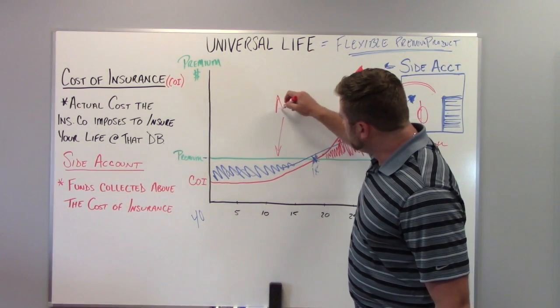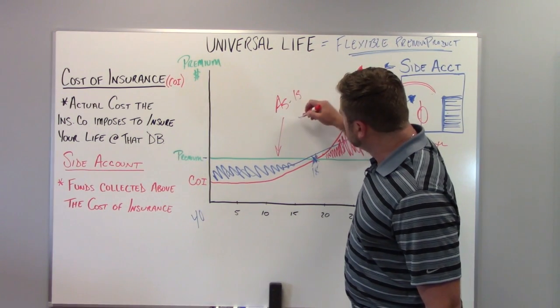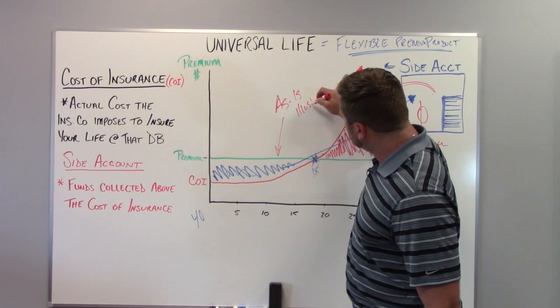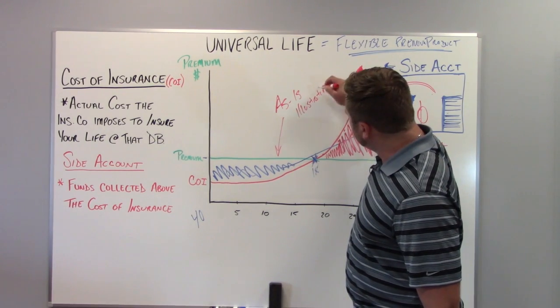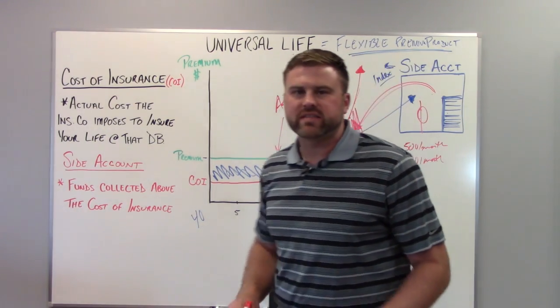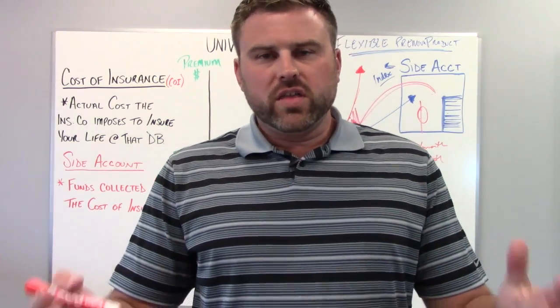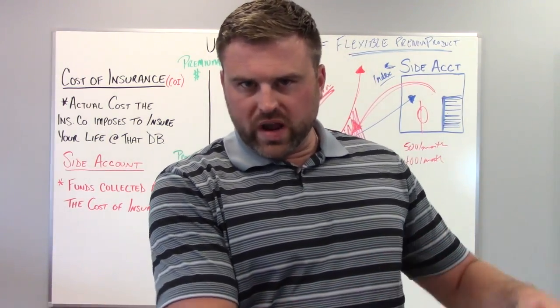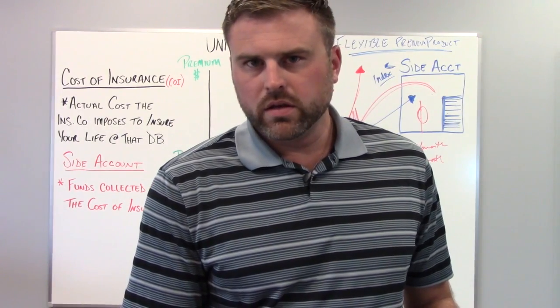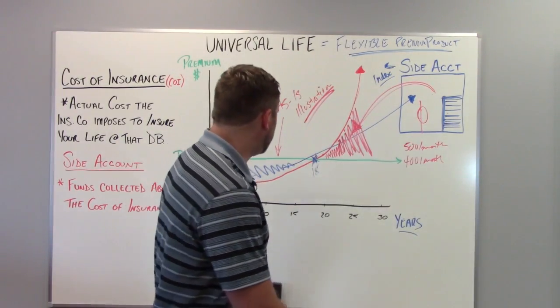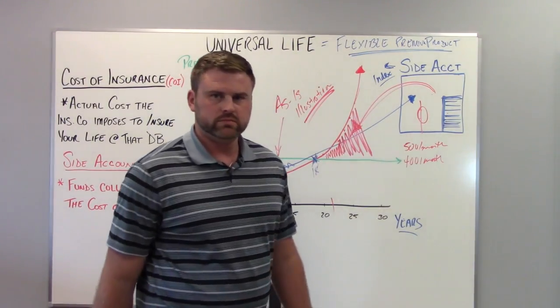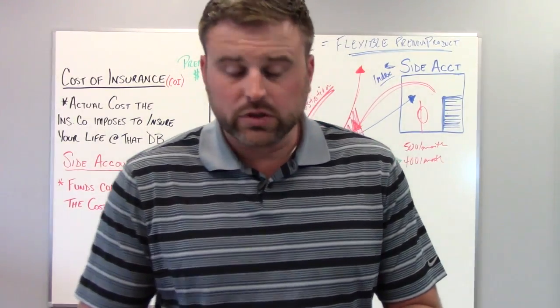In year 10, you order an as-is illustration, and the carrier is going to send it to you. It's going to say, if things continue to go the way they've been going, this policy may lapse in year 21.